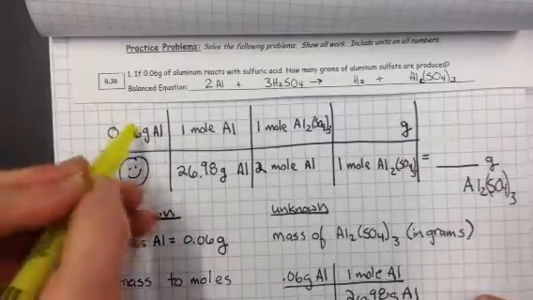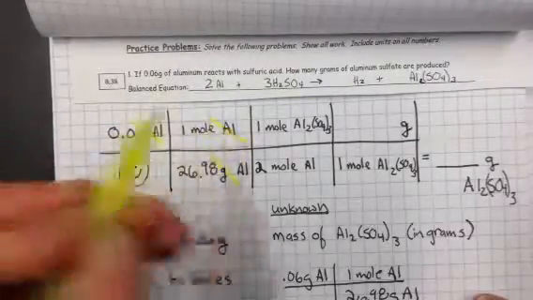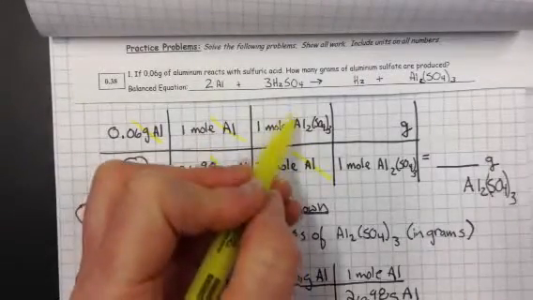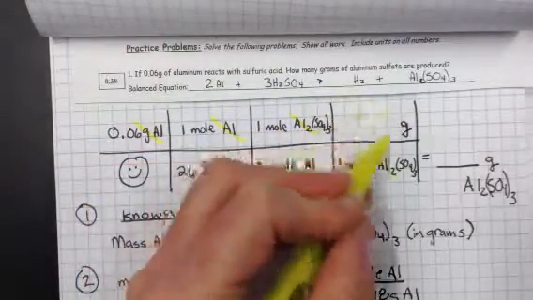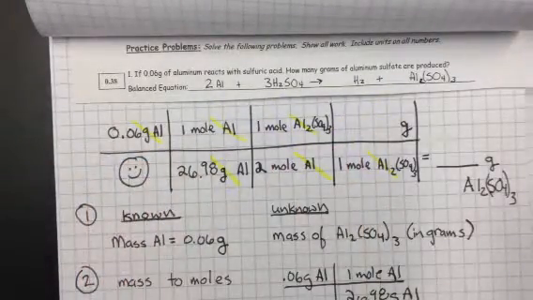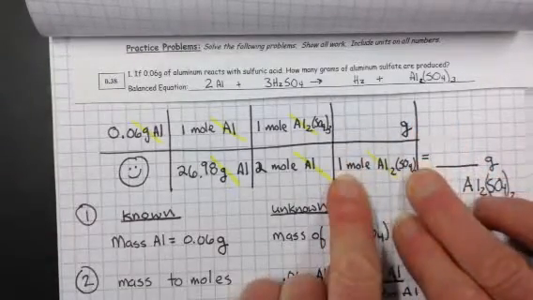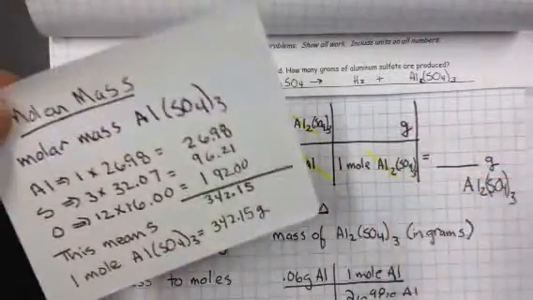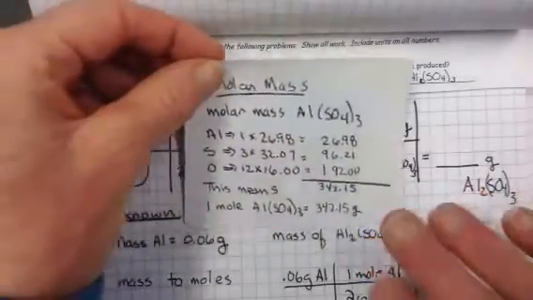So let's see, so far we've been able to cancel these grams, cancel out these moles, nice, and also cancel out these moles, but we still have to do this one last thing. We need to know what is equivalent in grams to 1 mole of aluminum sulfate. Well, we need the molar mass because that's what is equivalent to 1 mole of aluminum sulfate.